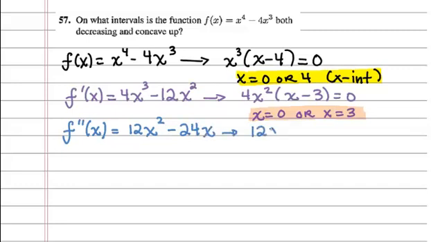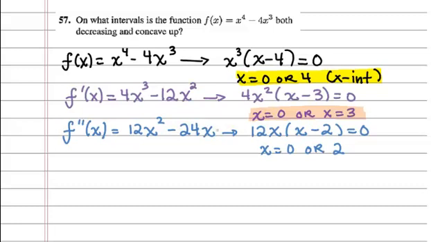And once again, we're going to set this equal to 0. And I'm going to factor out a common factor, which gives me values of 0 or 2.